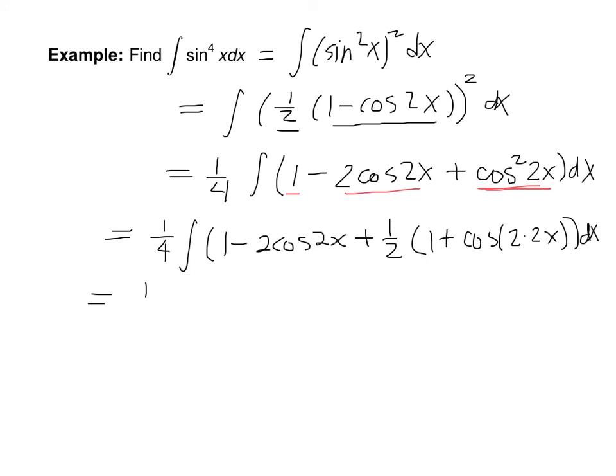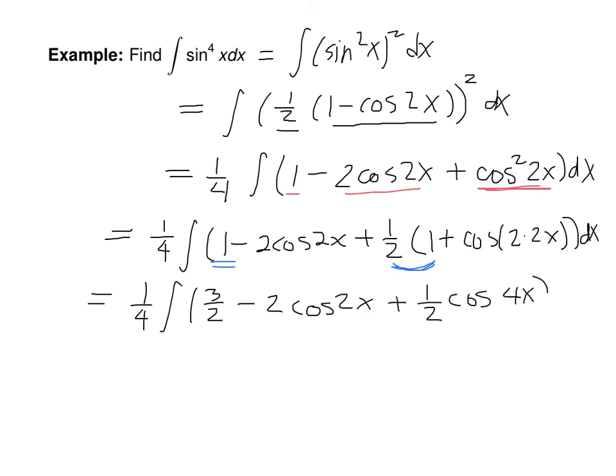Now that gives us 1/4 the integral of 3/2, which comes from adding this 1 to the 1/2 once that 1/2 is distributed, minus 2 cosine of 2x plus 1/2 cosine of 4x.